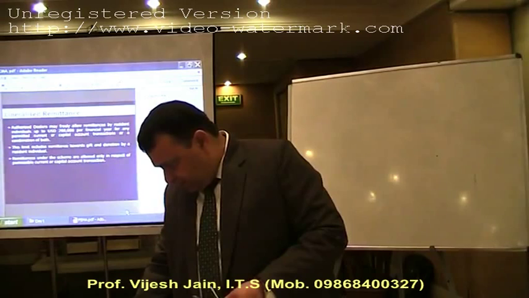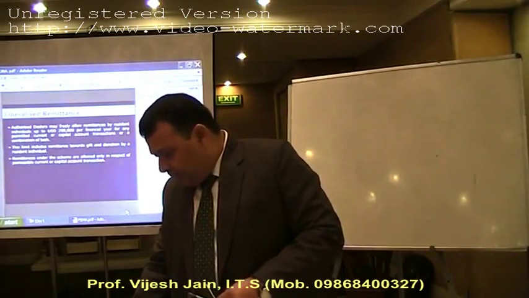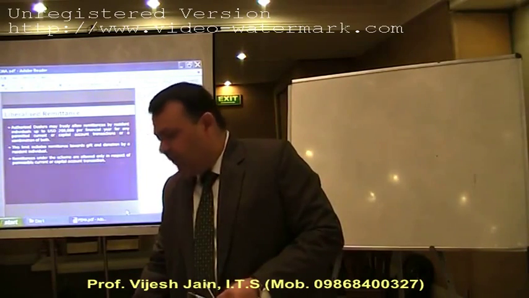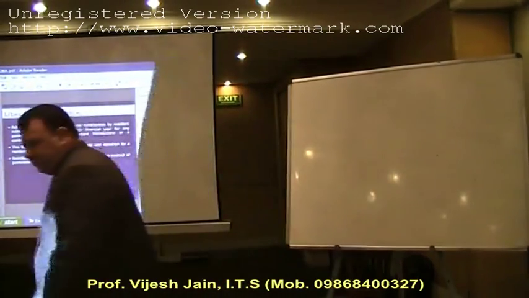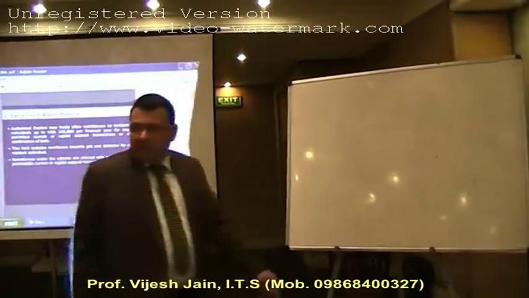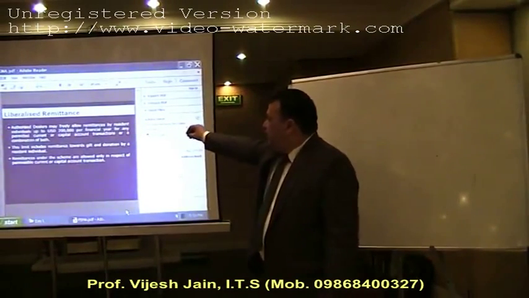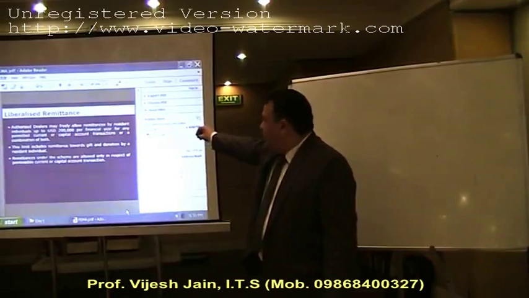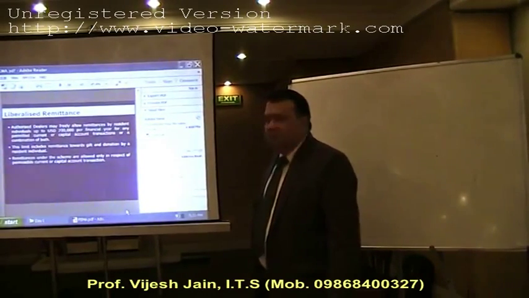Liberalized Remittance Scheme. Authorized dealers may freely allow remittances by resident individuals up to $2 lakh per financial year for any permitted current or capital account transaction.